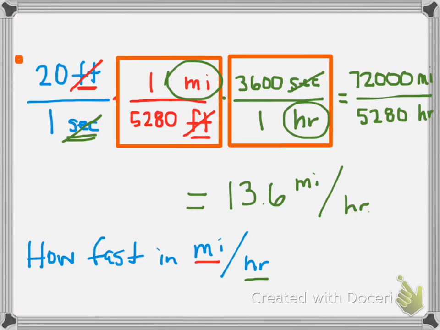And that's how fast this person was moving with that original rate. 20 feet per second is the same as 13.6 miles per hour. A little fast for a walk, a little fast for a jog for me, but that is how it converts.